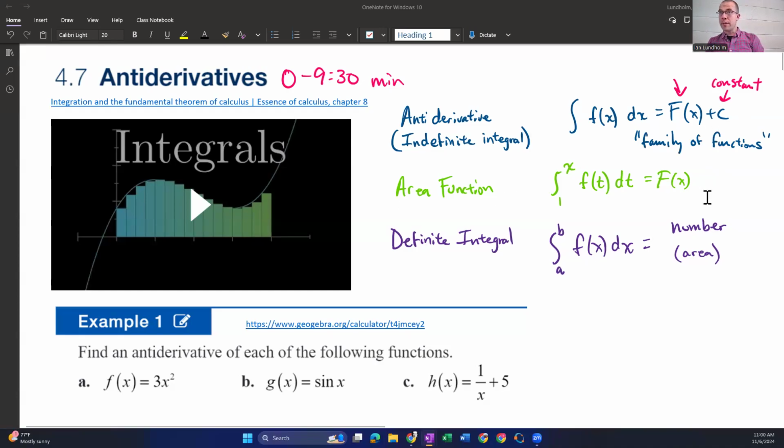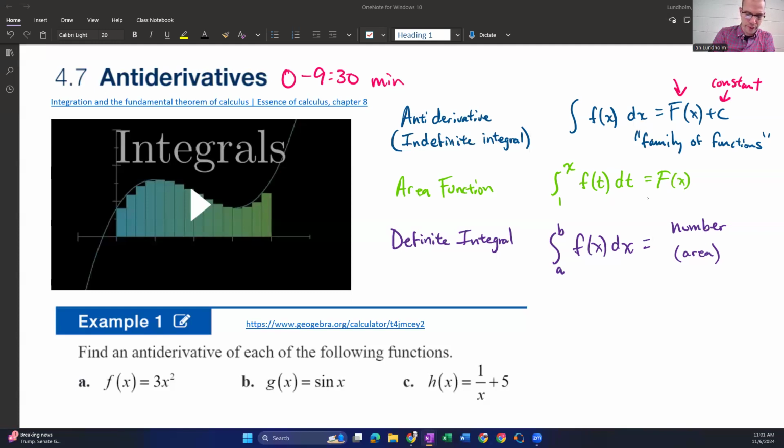There's something that we're going to learn about fairly soon, probably in 5.3 or 5.4. An area function is something that, if we had a function f of t, maybe I do a little bit of a drawing here.